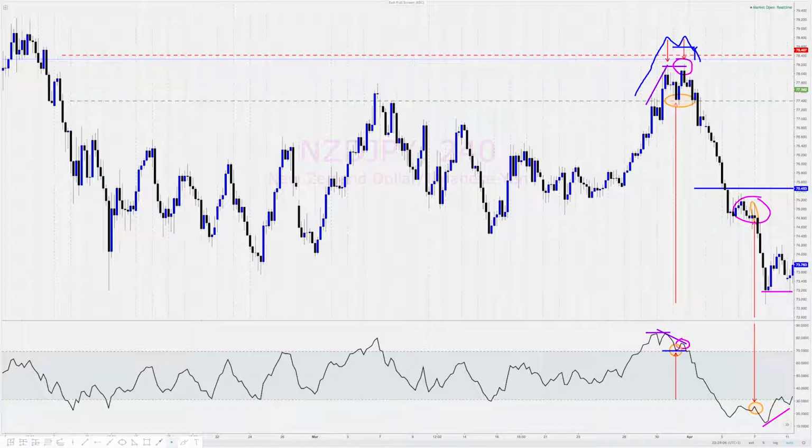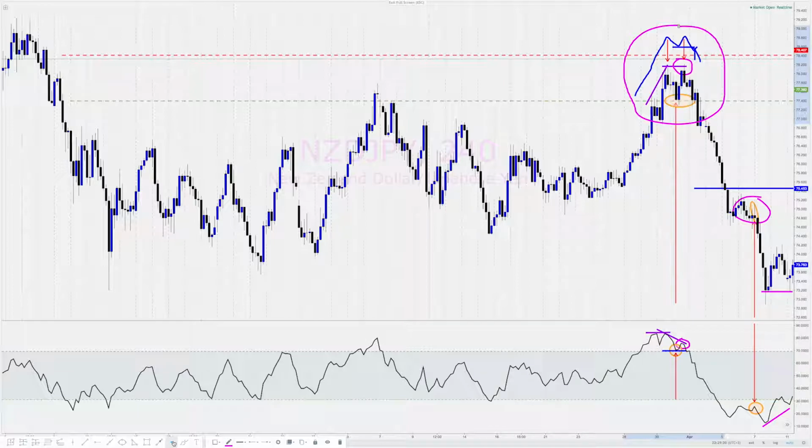Okay, RSI up. Now just as we did in the earlier trade, do that all over again, but on this bullish move or potential bullish move.